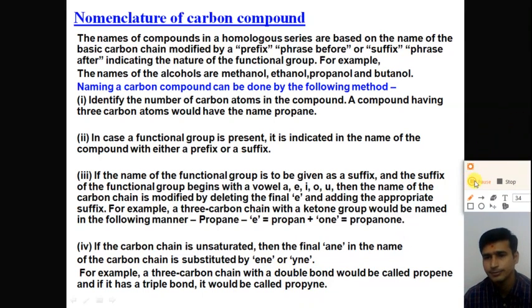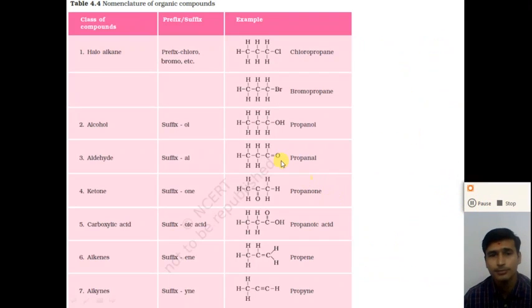So let us see some functional groups of the carbon compounds. Nomenclature of the organic compounds. Haloalkane, right? In the haloalkane group of carbon compounds, the prefix is chloro, bromo, etc. So in a carbon compound having three carbon atoms with the alkane group, that means a single covalent bond between each carbon atom, its name is chloropropane.